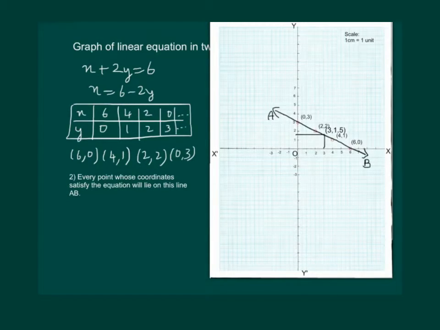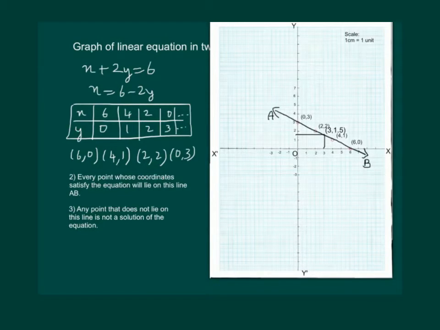Secondly, we state that every point whose coordinates satisfy the equation will lie on this line AB. That means if we take any value of y and find the value of x, then that particular point will lie on this line AB.